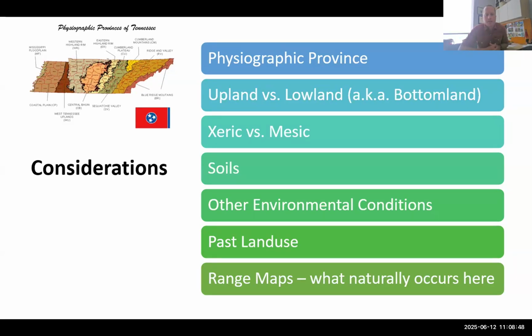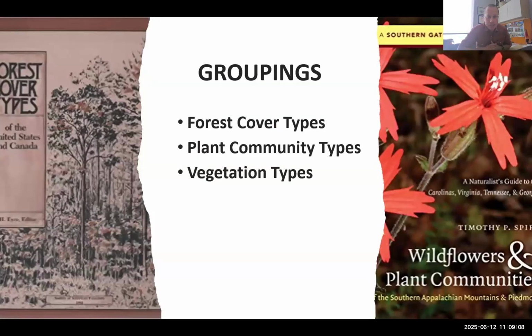So understanding those other environmental conditions at play, and past land use, that can be hard, but you can generally start to figure things out if you ask the right people, and study the landscape and the vegetation that's currently there. And then range maps, so what naturally occurs in your location. So, important considerations. And then groupings.